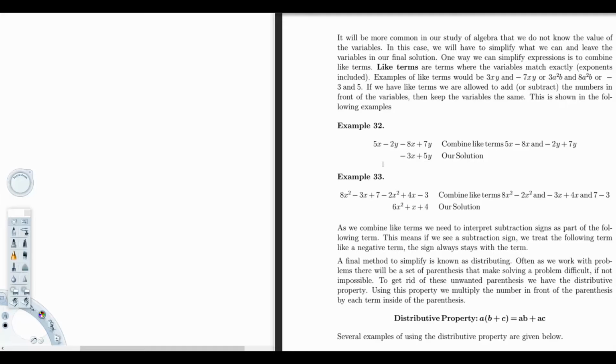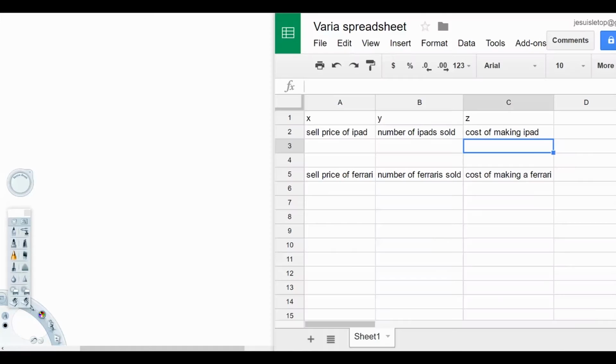And I think to myself, how come we don't know? Well, there may be all kinds of situations where we don't know. I'm going to show you a spreadsheet. Suppose one day you become rich and you begin selling iPads. You don't know how many you're going to sell in a given month, right?